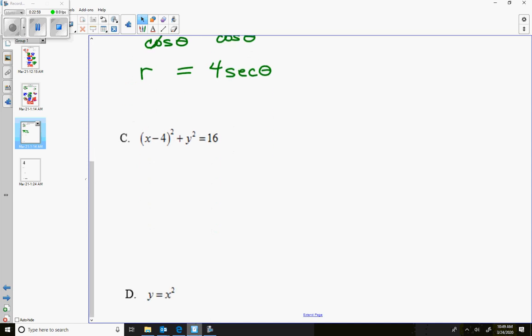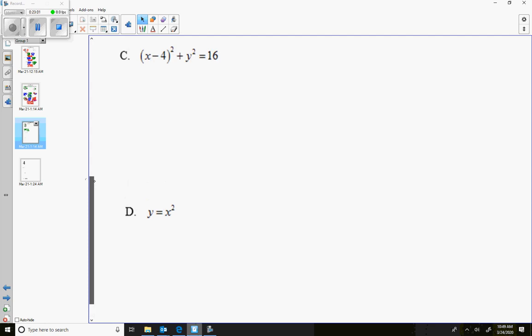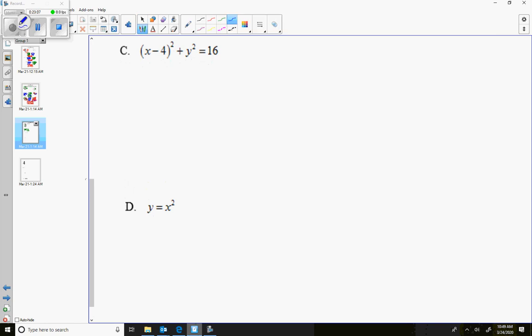Next one, C. X minus 4, quantity squared, plus the y squared equals 16. Everywhere I have an x, r cosine theta, minus 4, then squared.